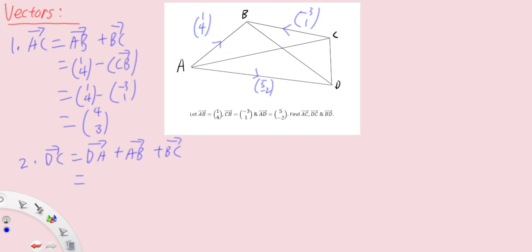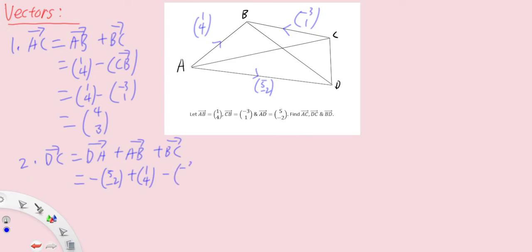But for addition, the connecting points must be the same. So DA is minus AD, so (-5, 2). AB is (1, 4), and then BC is (-3, 1).